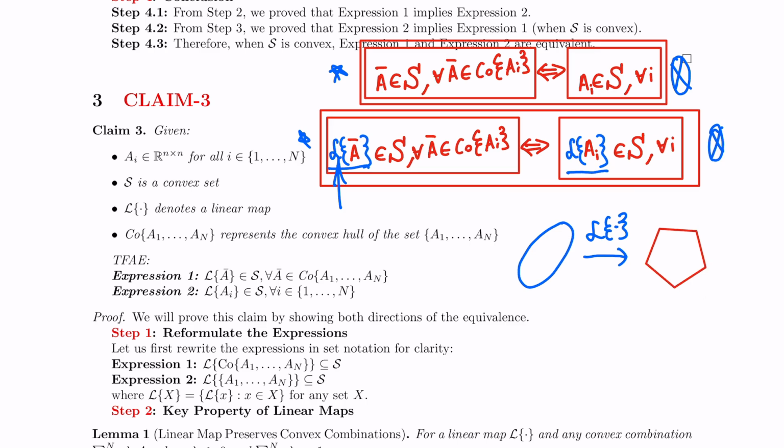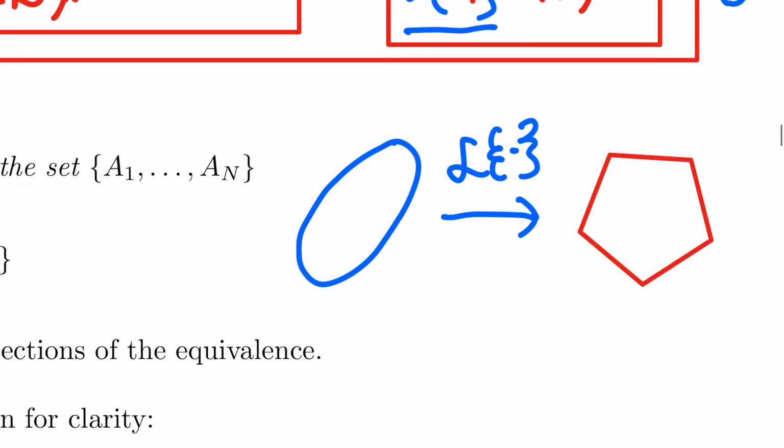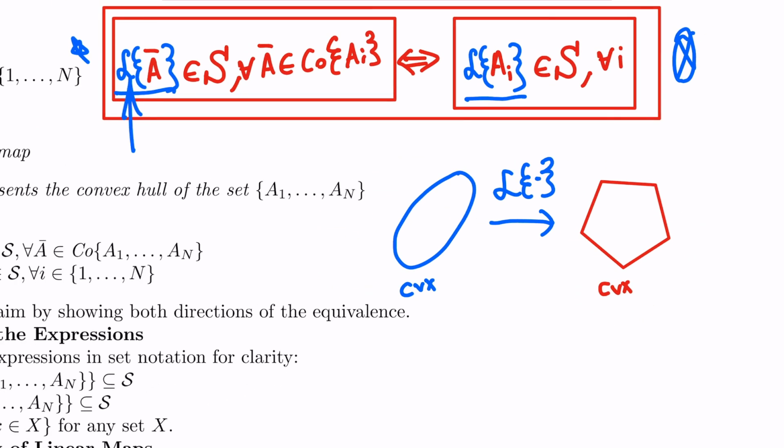Good job, Notability. Anyway, so let's say this is a linear map, and let's say this is convex. This is linear, right? And then this is a convex set as well. So, look, this is one of the properties, right? Okay.